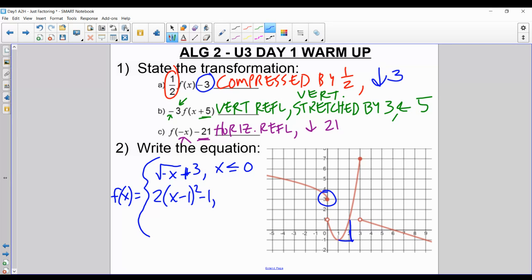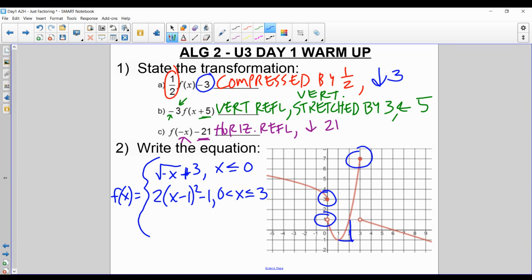And that part of it applies from 0 to 3. Open circle here at 0 says not equal to. Closed circle here at 3 says or equal to.